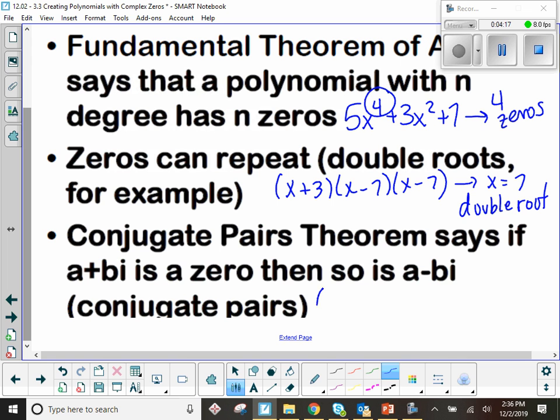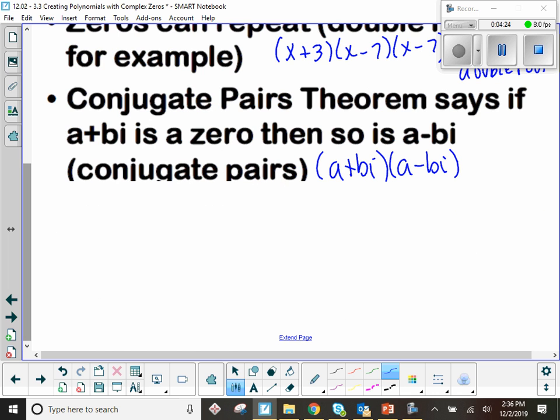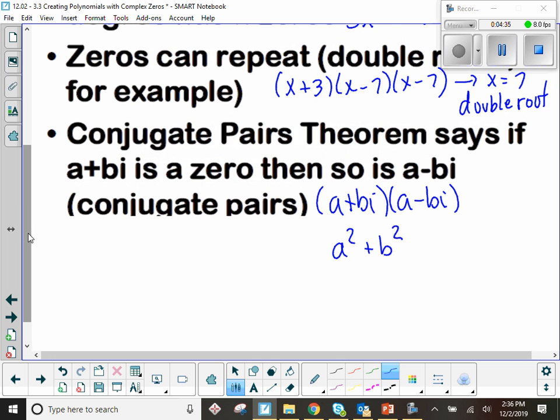If you were to multiply them together, you would FOIL them, and what happens is the middles would drop out, and you'd be left with whatever this value is, which is a real number. And so the reason why, if you have one, you can assume you have the other is because when you multiply them out, the original polynomial has to have real coefficients. The i's have to drop out.